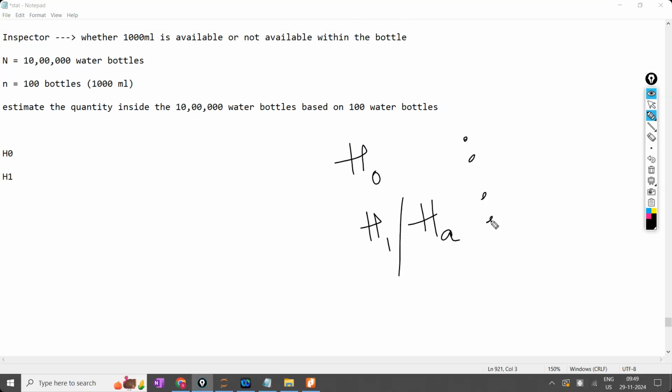This is the alternate hypothesis. Now question 1: how to formulate the null and alternate hypothesis? Very simple. You are going to formulate the null and alternate hypothesis based on the population, based on the given example.